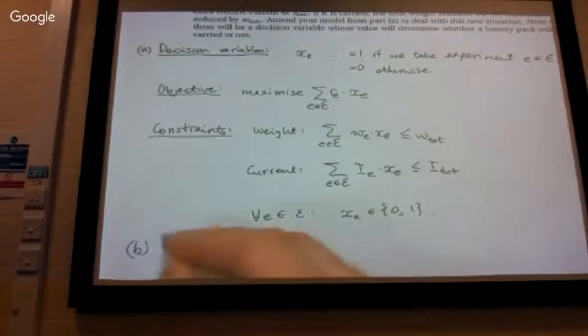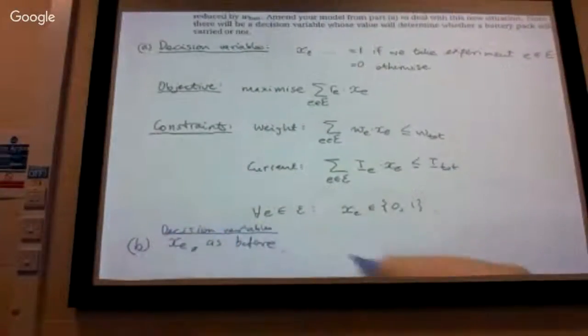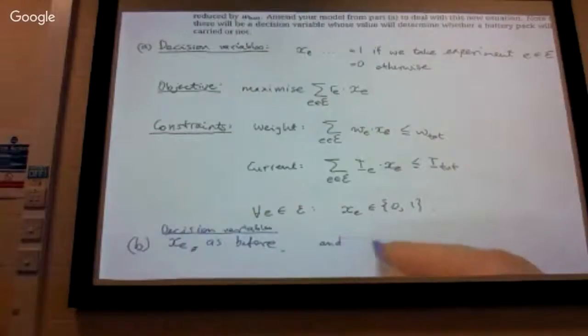I should say decision variables. You want Y, whether you take the battery or not.